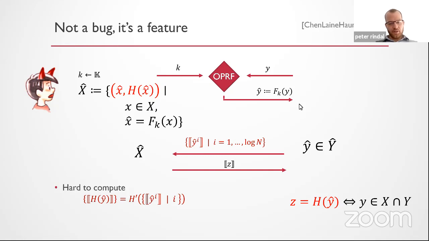But now we're going to use this as a feature, where it prevents the malicious sender from computing these hash values unless they actually know the underlying value, which effectively means it's in their set. And so this effectively prevents the sender from just forcing the receiver to output a full set in the clear. That's the intuition. There are some caveats here, and we don't quite achieve the normal notion of simulation-based security. But it's an interesting idea, I thought.